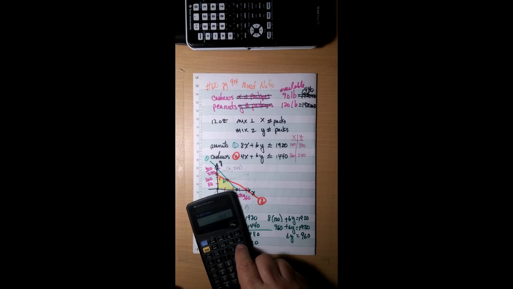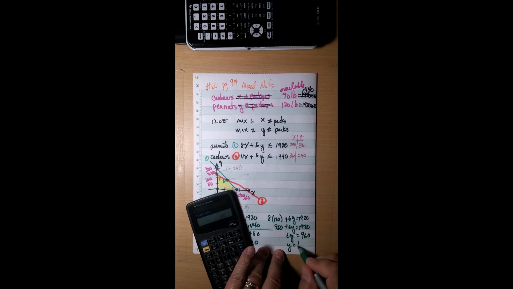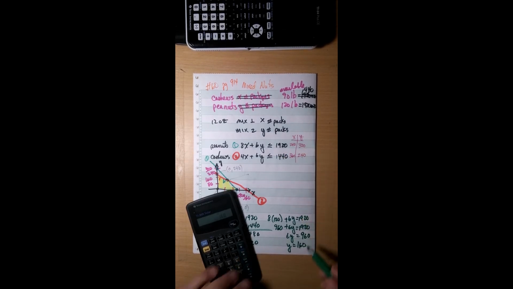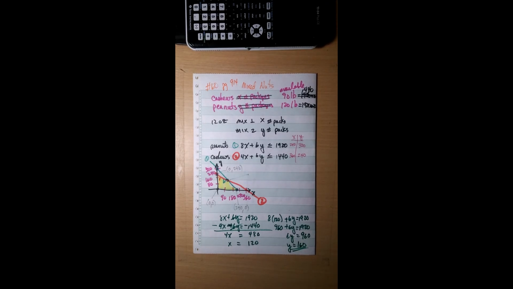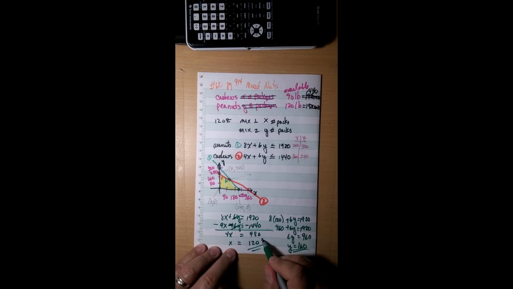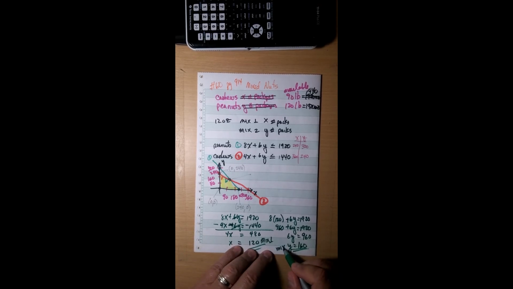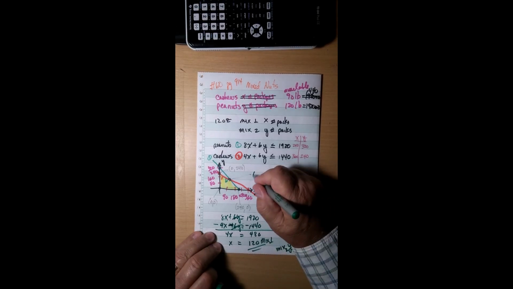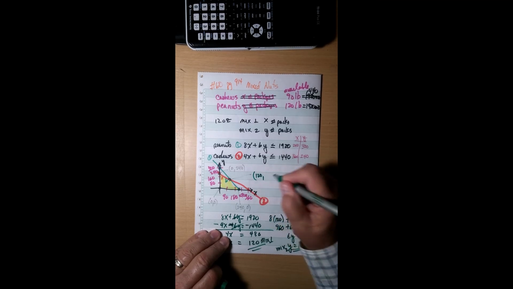And take 960 and divide it by the 6. So y is equal to 160 packs of that mix 2. And 120 packs of mix 1. Okay. Oh, that's just where they cross. 120 and 160.